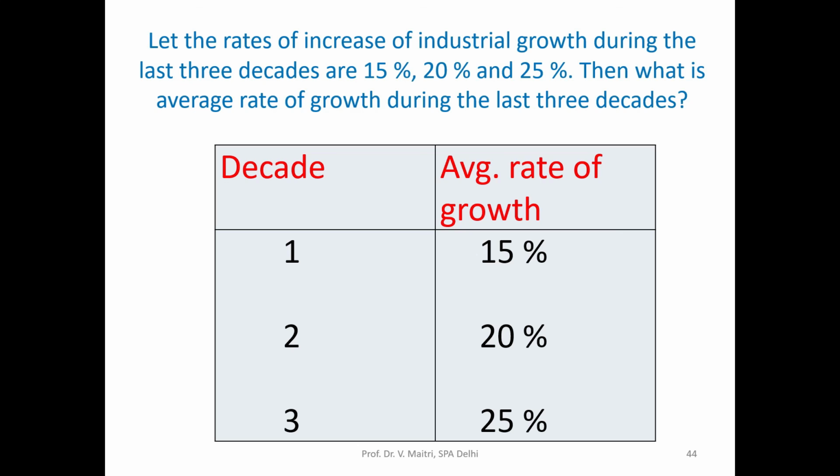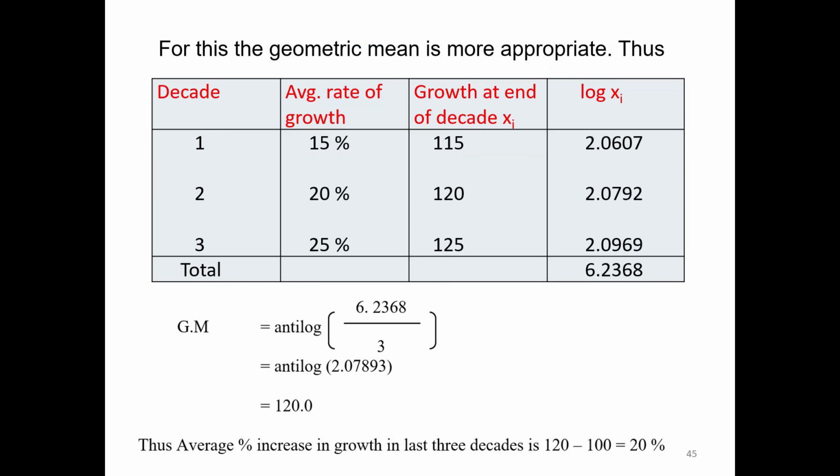At the same time, the rates of other commodities have not increased at the same rate as the income has increased. So you can say it is industrial growth. That's why they are able to give more payment or more salaries. So we have to find out what is the average rate of growth in the last 3 decades.